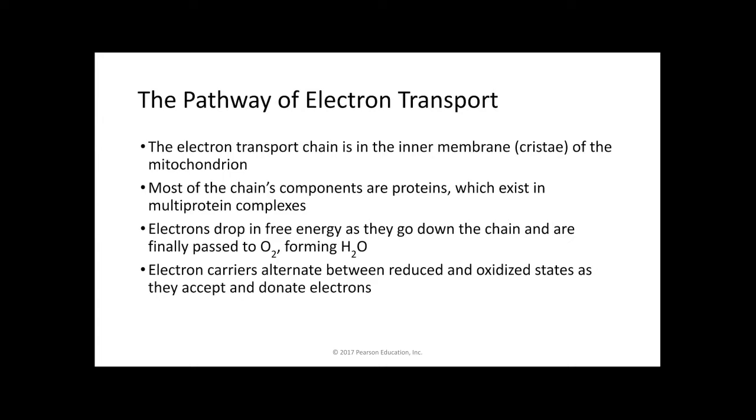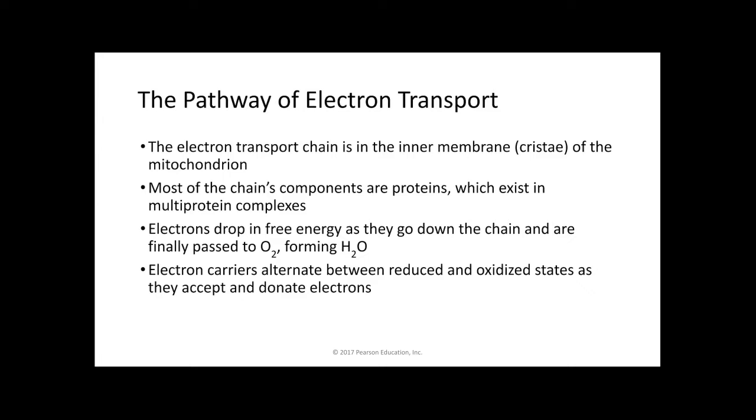Now, most of the chain's components are proteins, which help with ATP synthesis. Proteins have prosthetic groups attached to them, like coenzymes, that help with catalytic functions so that the reactions occur faster.